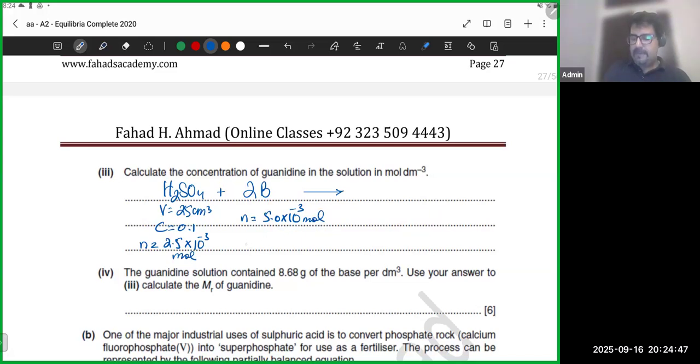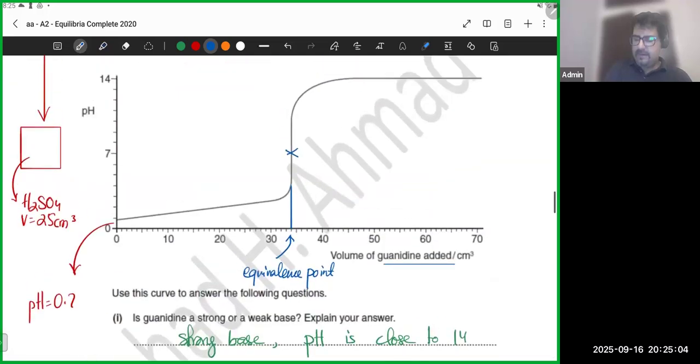And what do we need to find? We need to find the concentration. Concentration is moles per unit volume. We have the moles, 5 times 10 to the power minus 3, and the volume we already know for guanidine.